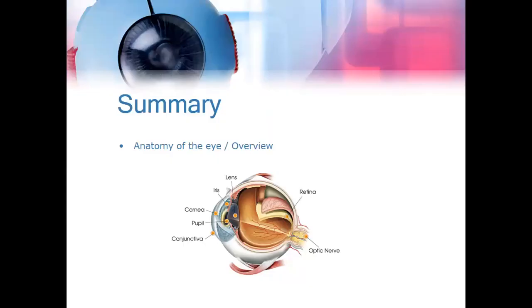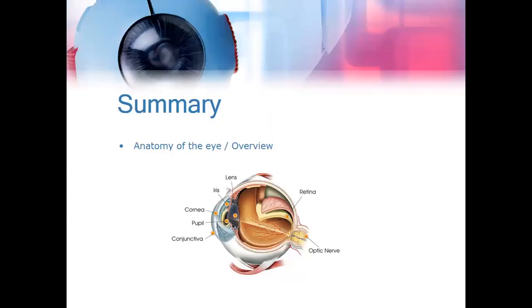So we're going to talk about some other parts of the eye that we didn't talk about in the first class, which was actually supposed to be about the parts of the body. We did talk about the eye. However, we are going to go deeper inside this structure. Okay, so let's get started.